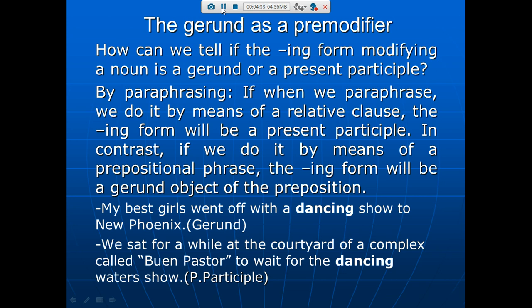In contrast, if we do it by means of a prepositional phrase, the ing form will be a gerund, object of the preposition. For example, my best girls went off with a dancing show to New Phoenix. In that case, dancing is a gerund. Why? Because this could be paraphrased by means of they went to a show of dancing or even to a dance show.